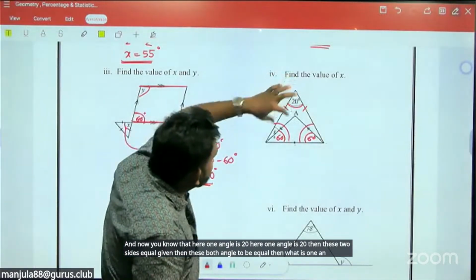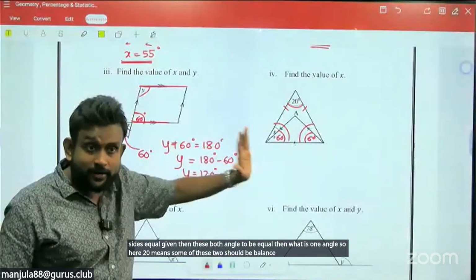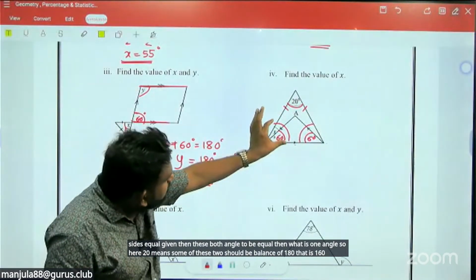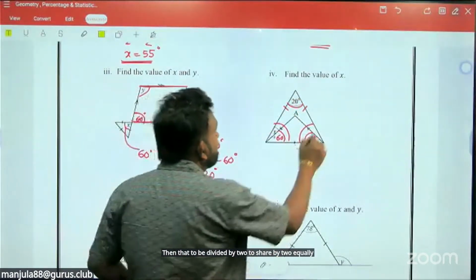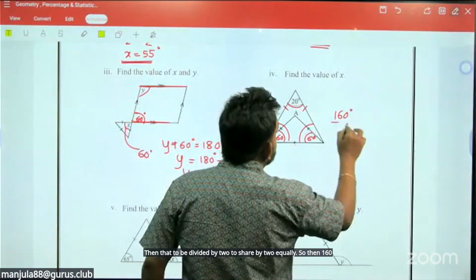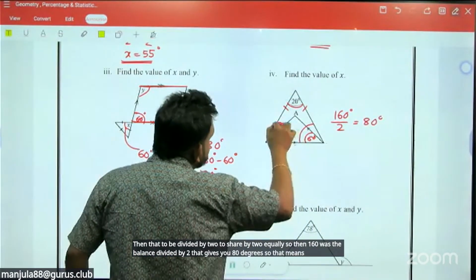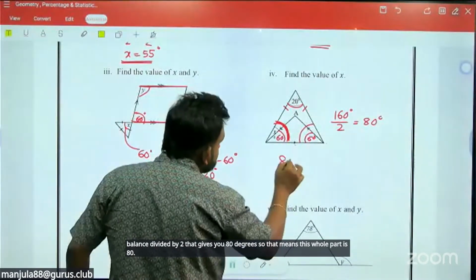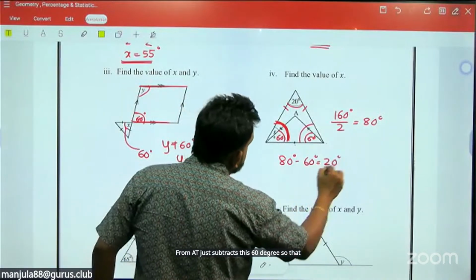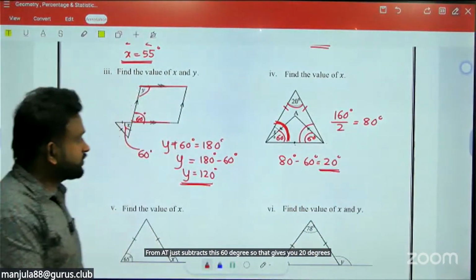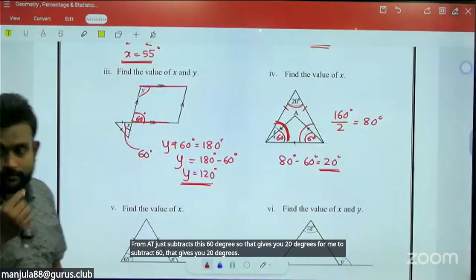Here 20, so the sum of these two should be the balance of 180, that is 160. Then that has to be divided by 2, to share equally. So 160 was the balance, divide by 2, that gives you 80 degrees. So this whole part is 80. From 80, just subtract this 60 degrees. So that gives you 20 degrees. From 80 subtract 60, that gives you 20 degrees. Okay, fine.